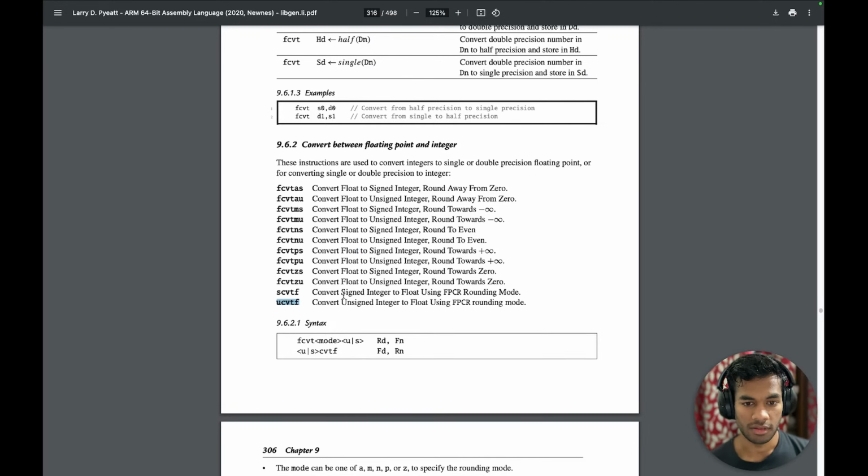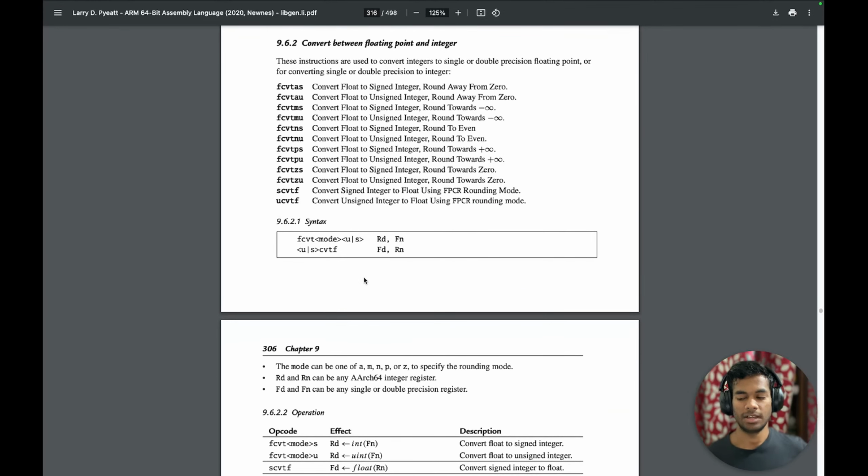And this converts signed integer to float using the floating point control register rounding mode, and here I am converting unsigned integer to a float. Okay, that makes sense.